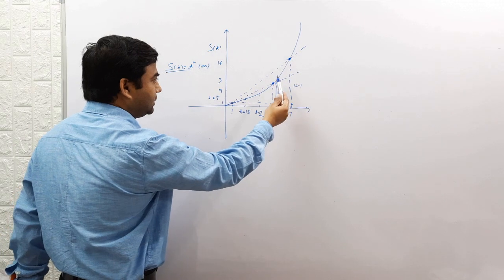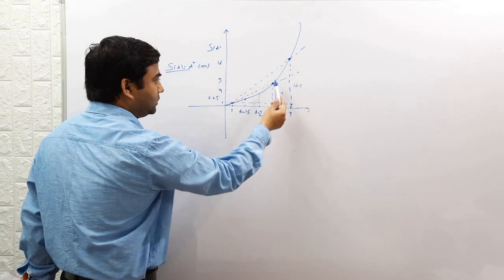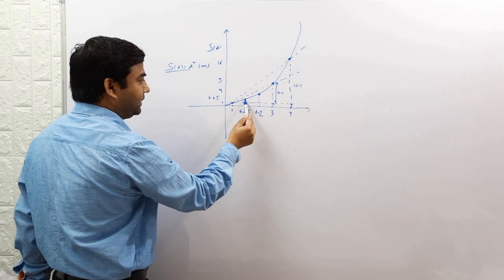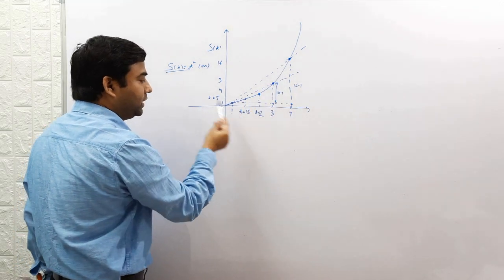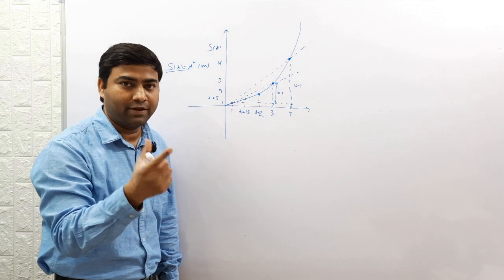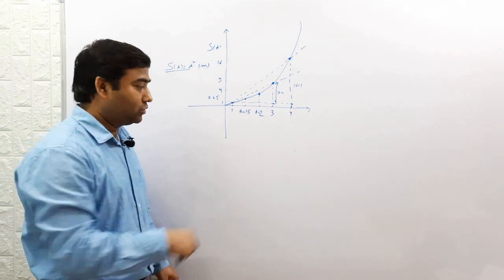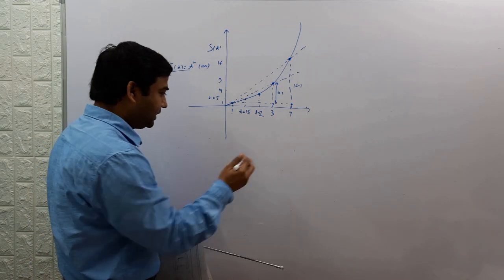So we are approaching from point 4, 3 to 1.5. As we are approaching 1, we are seeing that average velocity is also approaching a certain value. So let us draw the table.